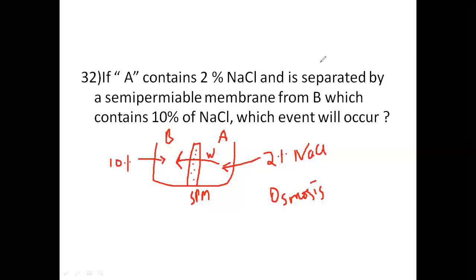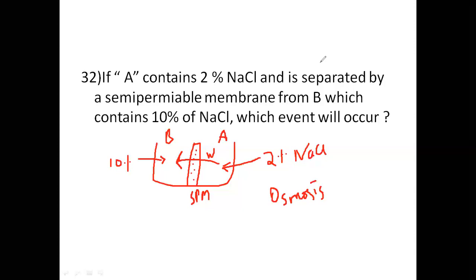Write this formula in your formula list. And remember, this is only for ionized molecules, not for associated molecules. Note it properly. Like NaCl, KCl, MgCl2, potassium ferrocyanide, there only you can use this formula. Alpha is equal to i minus 1 divided by n minus 1.